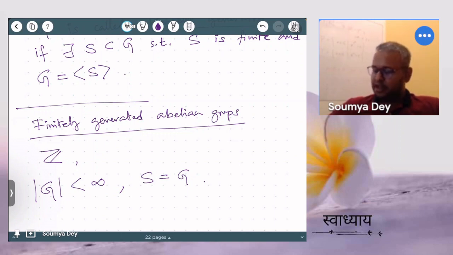Easy, right? So any finite group is a finitely generated group. So you have a lot of examples. Now, our interest is what are some infinite groups which are finitely generated. One example is definitely Z. Can we have some more examples of such infinite groups which are finitely generated?